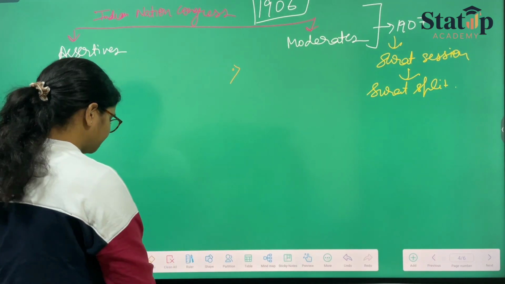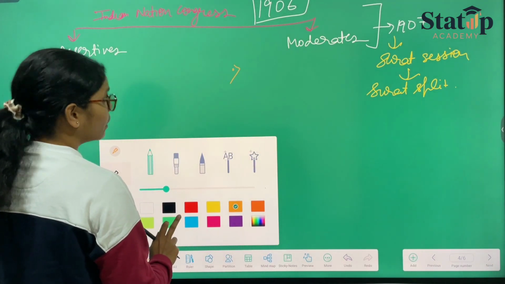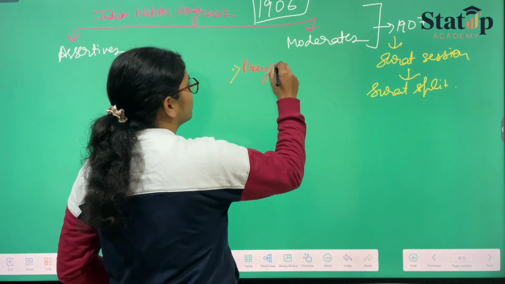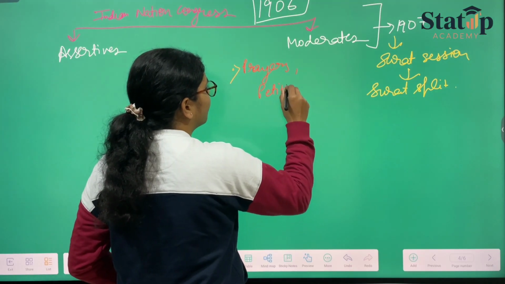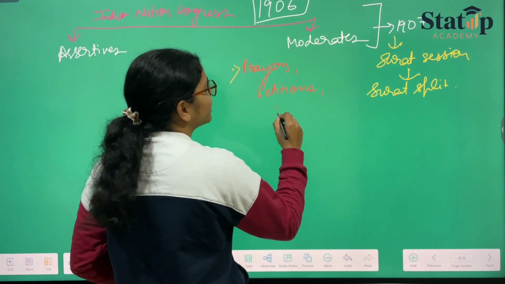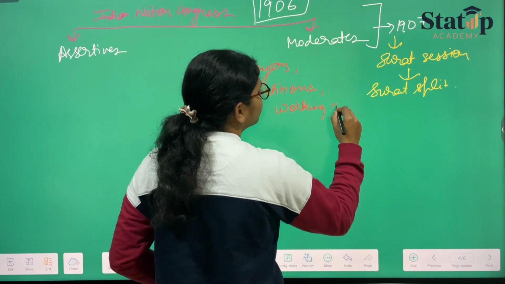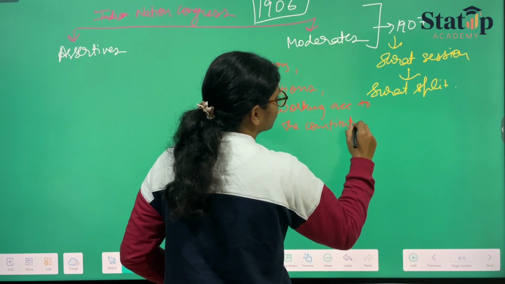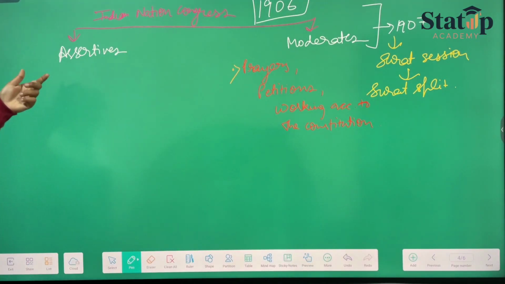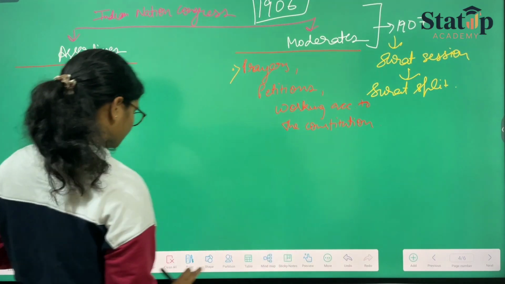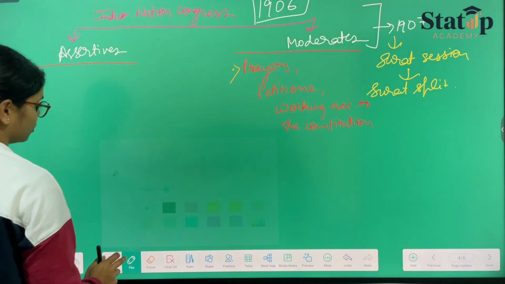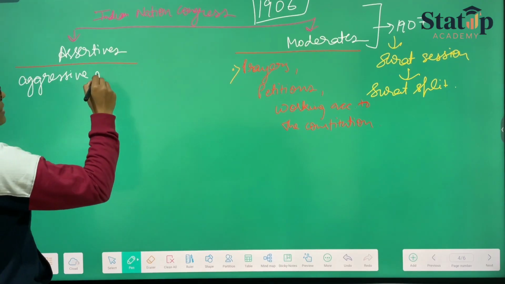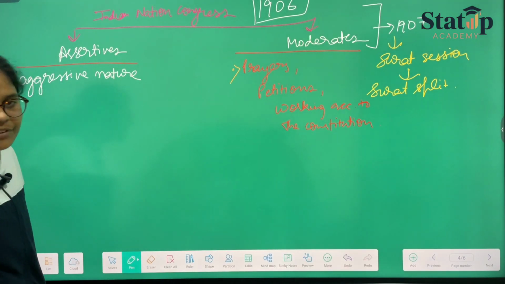Moderates believed in prayers, petitions, and working according to the constitution. But the assertives were very aggressive by nature.